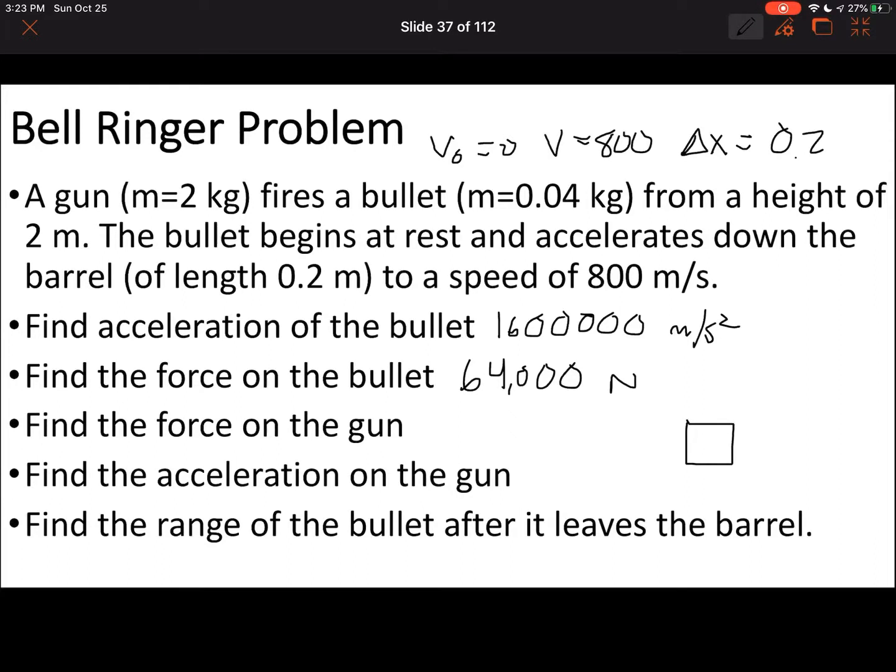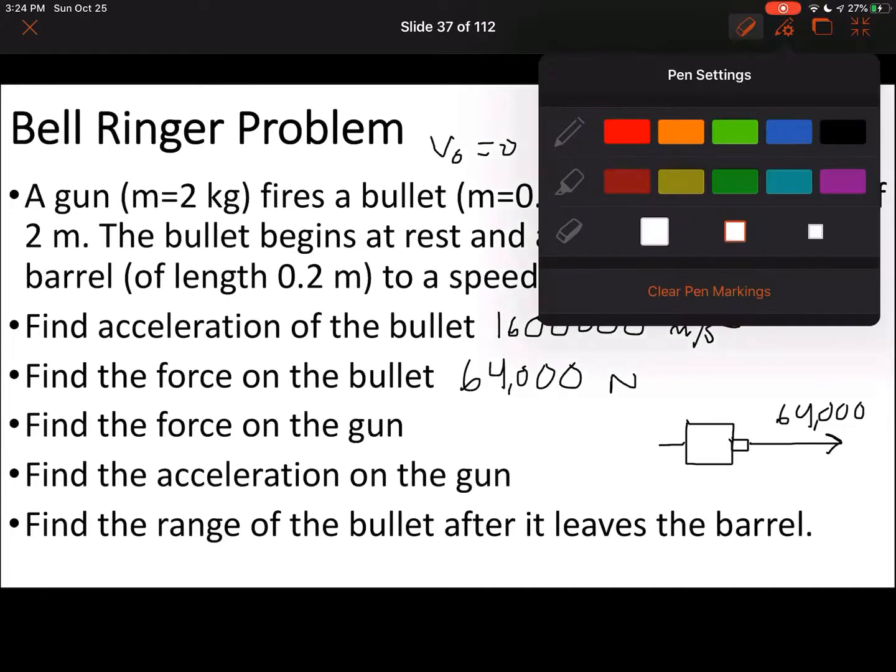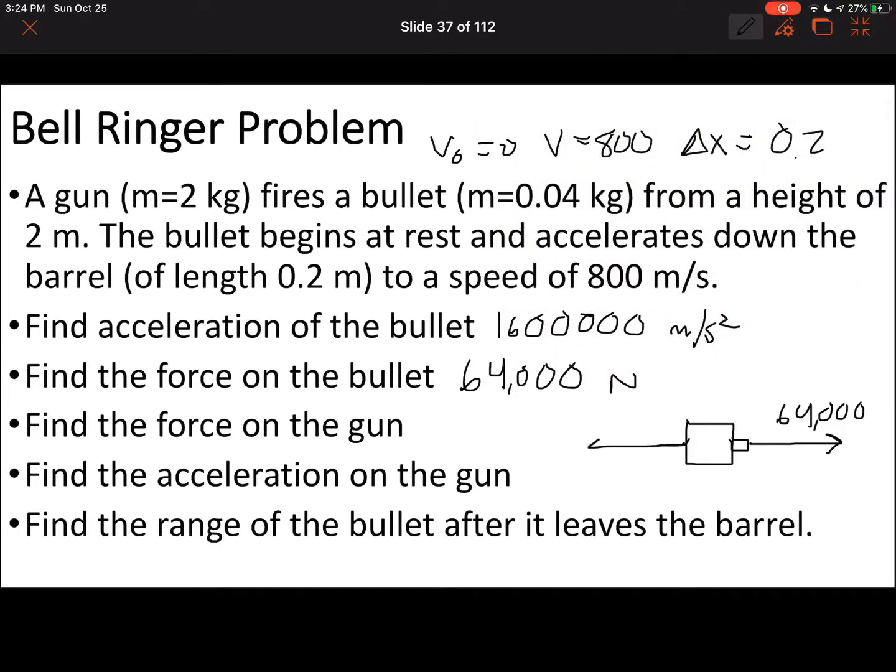Find the force on the gun. Well, remember Newton's third law. In this case, we have a gun that applies a huge force of 64,000 newtons to the bullet. And then what is the backwards force on this gun going to be?